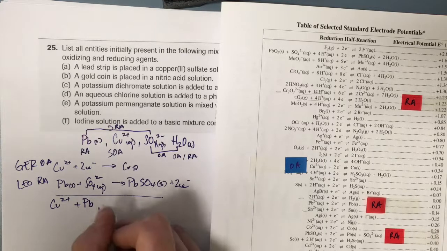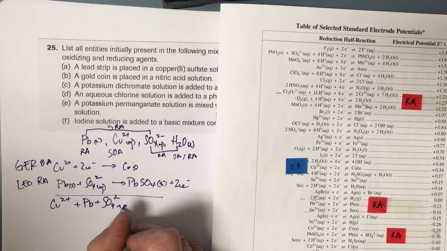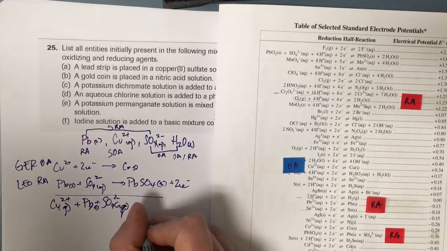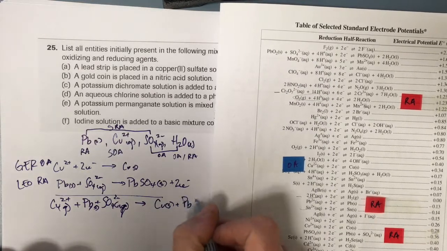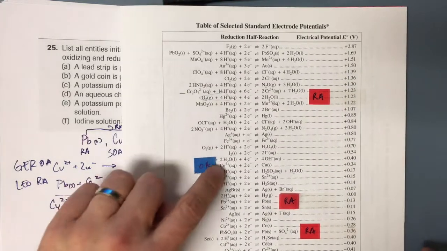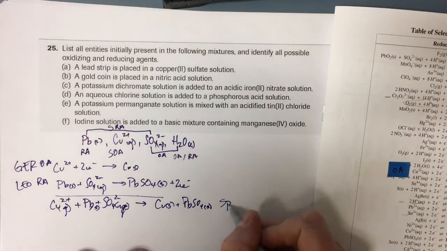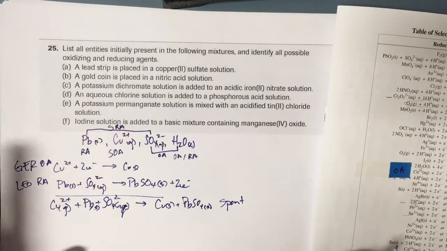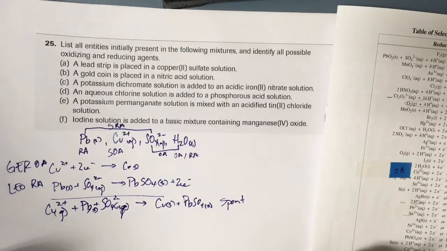I've got lead and copper 2 and sulfate, aqueous, will make copper solid and lead sulfate solid. And because the reaction is like this, it is a spontaneous reaction, right? And so we're able to take a list of entities and translate that into our reaction.